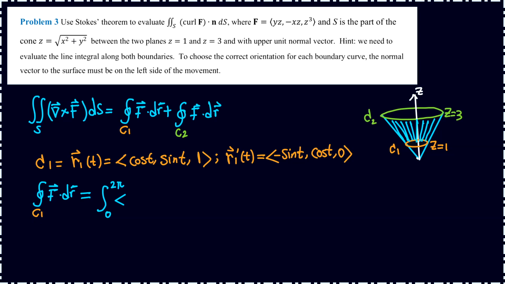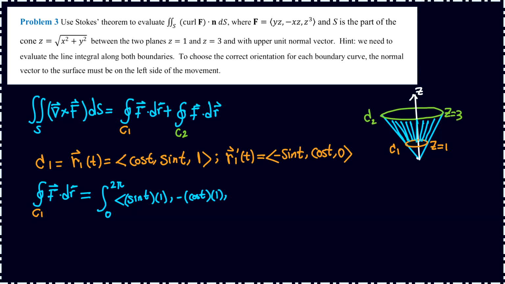So here y is sine t, times 1. That's yz. Then the second component of the vector field is negative xz. So negative x here is cosine t times z of 1.